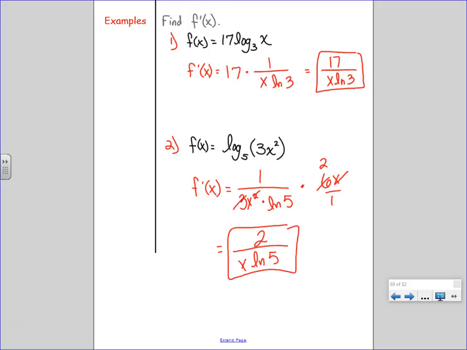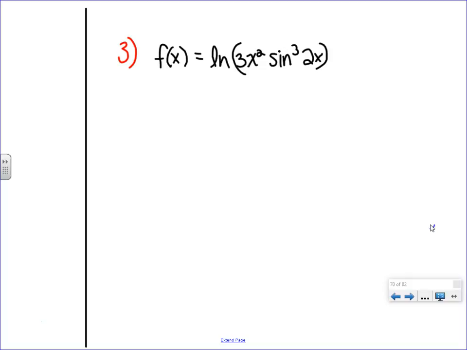Logarithm one. Ooh, he looks fun. Question: should I use the ln of x formula or the ln of u formula? Oh yeah, that's not just an x. Now hold on. How do you start any logarithmic?